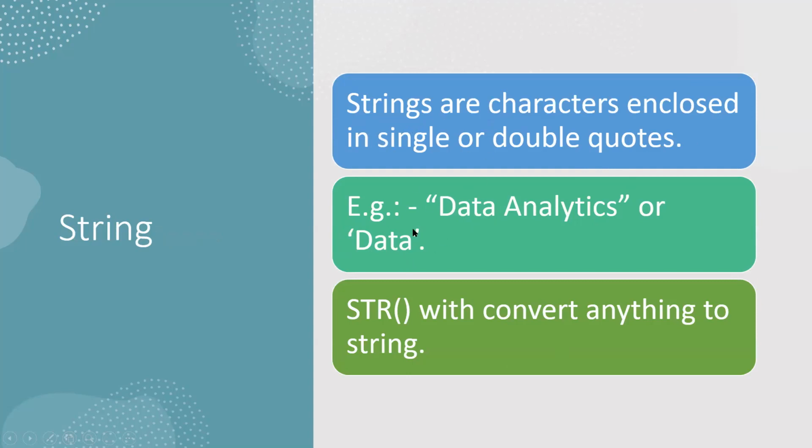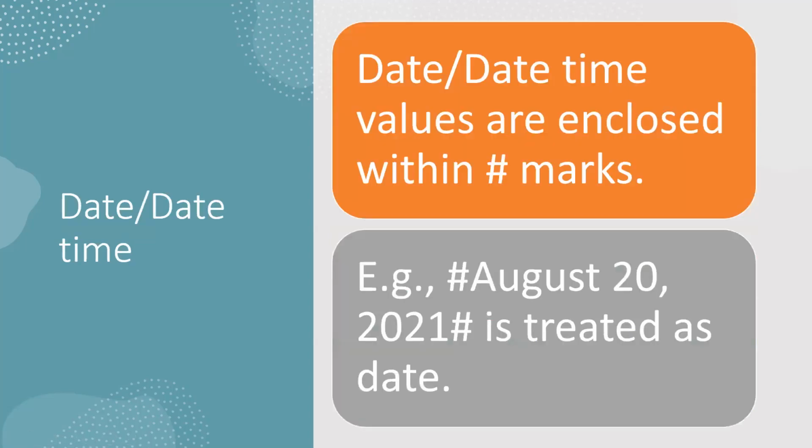If the data is not a string and we want to convert it to a string, then we can use STR. Inside the STR function, we can convert anything to a string. If we pass anything inside STR, then we will convert our data to a string. The second data type is date time.